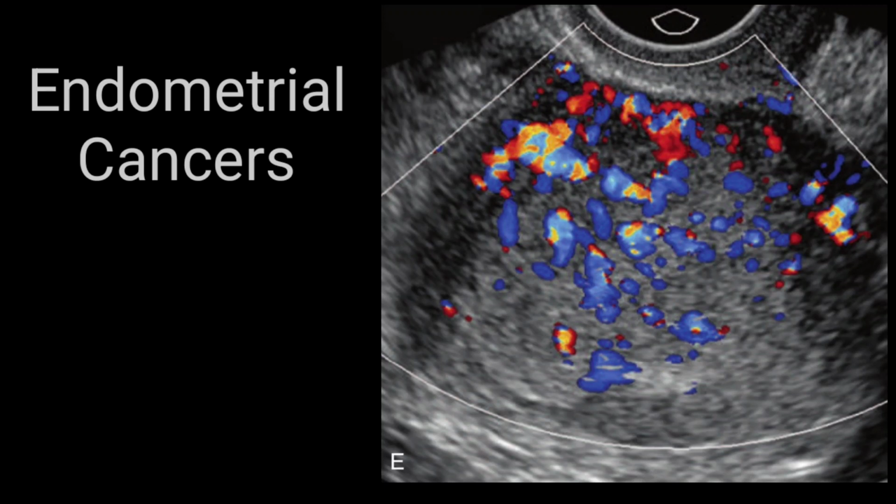So in all these three conditions, you must look at the endometrium very carefully. Always go for the transvaginal scan, take the measurement, put the Doppler signal on, look for the vascularity, and then mention it in your report.